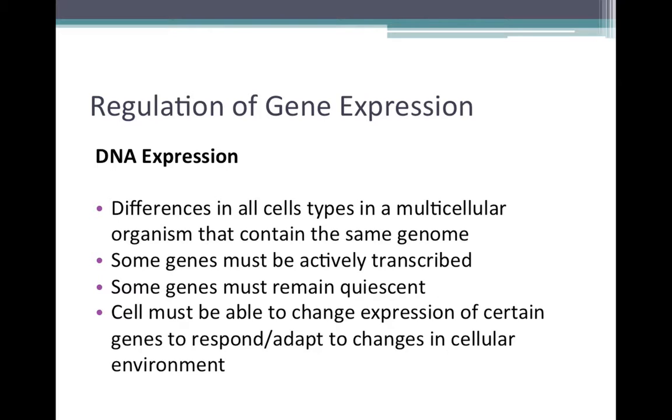You know, although a brain cell will have the same genes as a liver cell, their functions are very different because brain cells express different genes than other cells. So what that means is that some genes are actively transcribed, other genes remain sort of quiet or quiescent, in that cells can actually change their expression based on the needs placed on that cell.